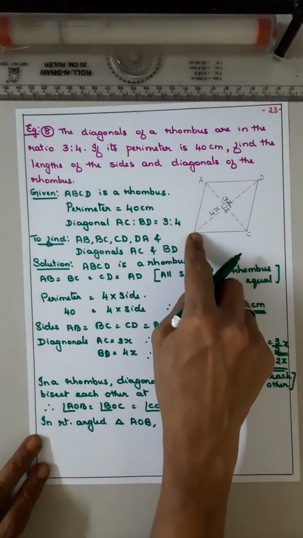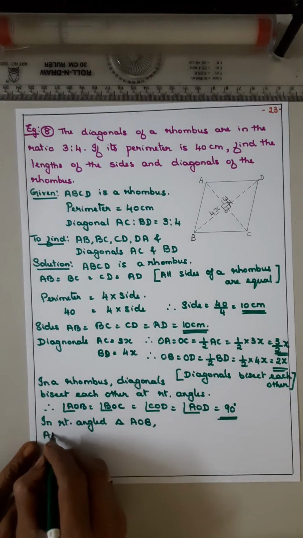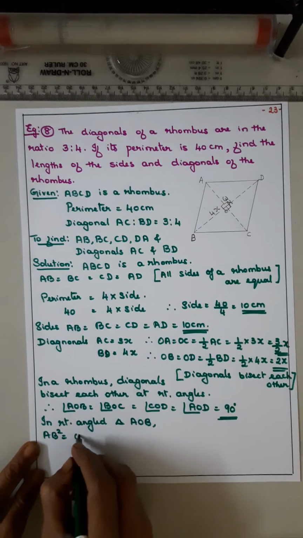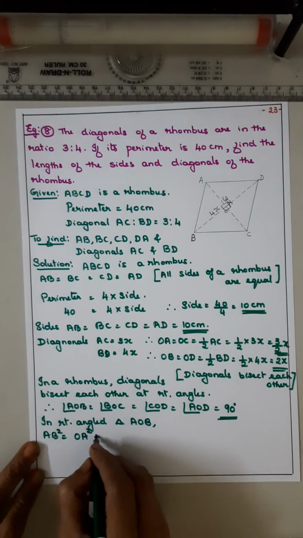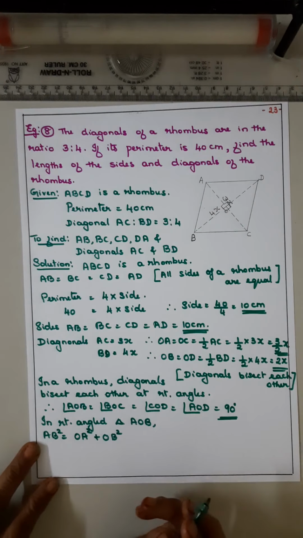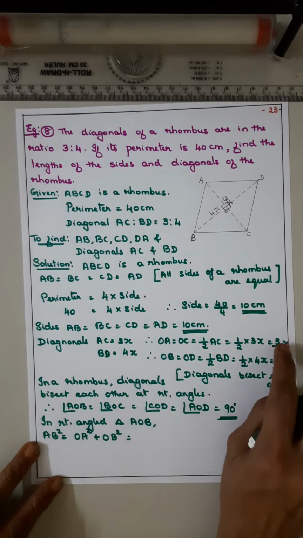Now, AB squared is equal to OA squared plus OB squared by Pythagoras theorem. Remember, that means OA squared is how much?